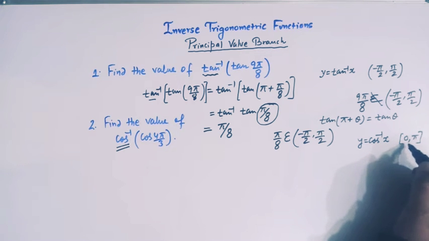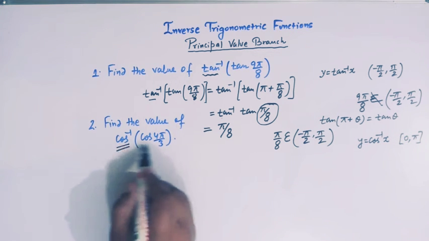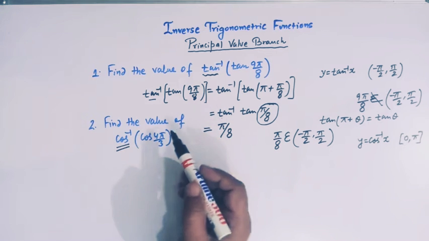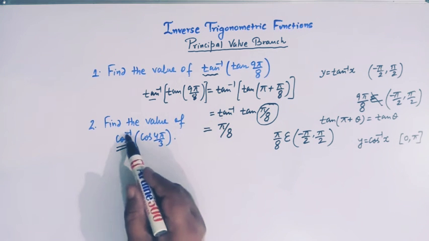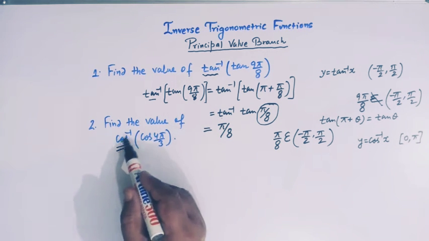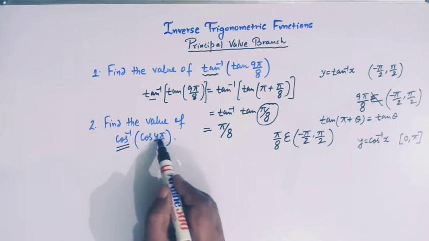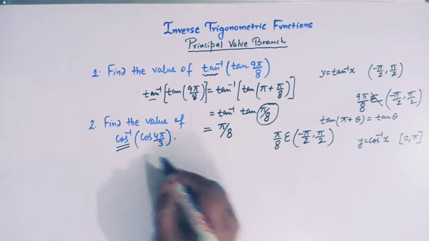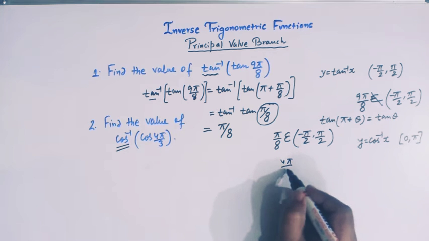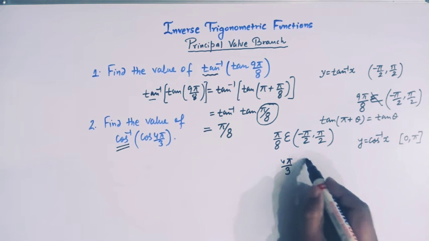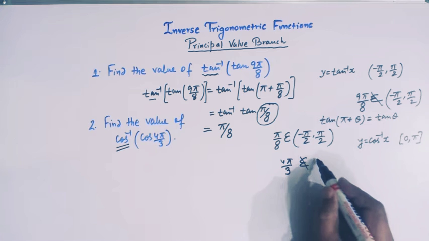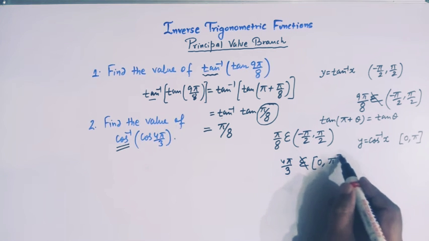closed interval. Now here again, as we said earlier, we cannot cancel this cos inverse and cos directly, because 4 pi by 3 will not lie in the interval 0 to pi.